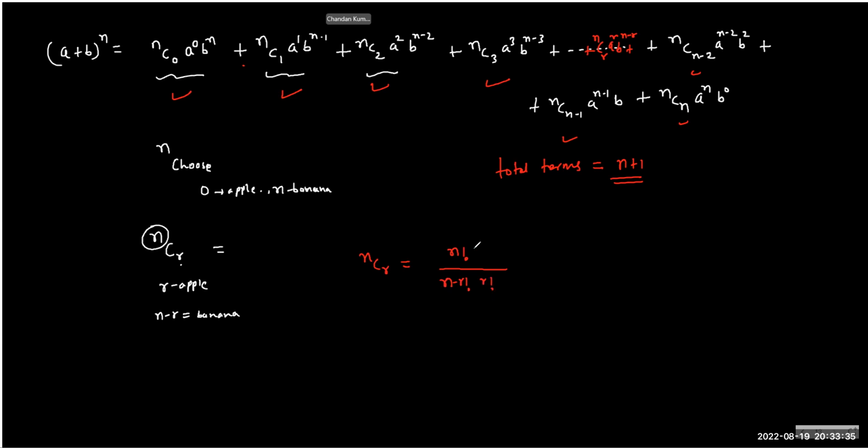The numerator will be factorial n, and the denominator will be factorial r and factorial n minus r taken as a product. And basically this comes through the definition of the number of ways. Okay, so the n minus r is one term and we are multiplying with the other term. It's like you have to go from A to B and then B to C, and you have to achieve both the tasks because you have to pick apple and banana for sure.